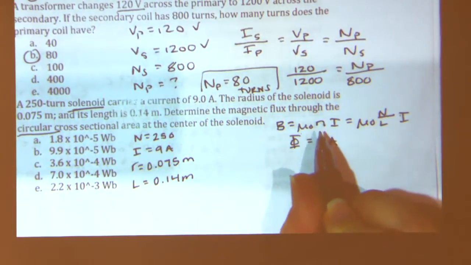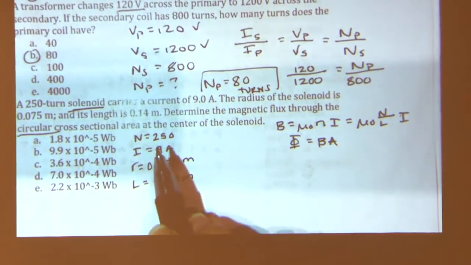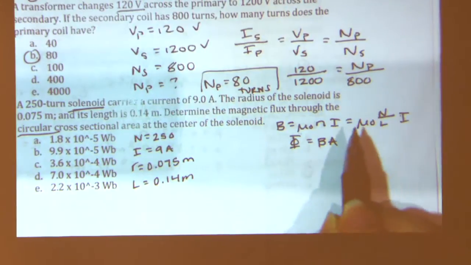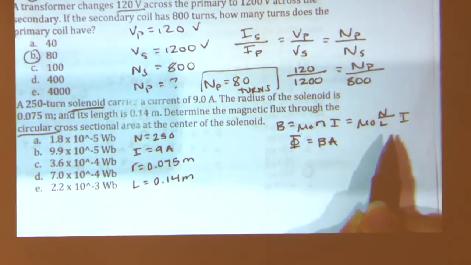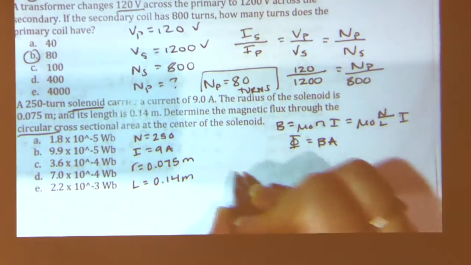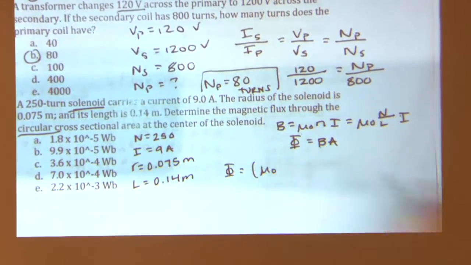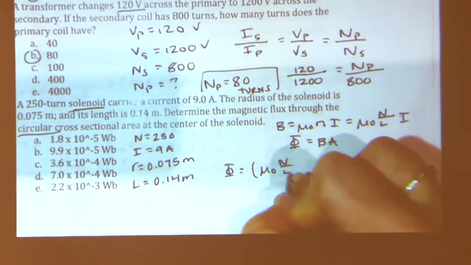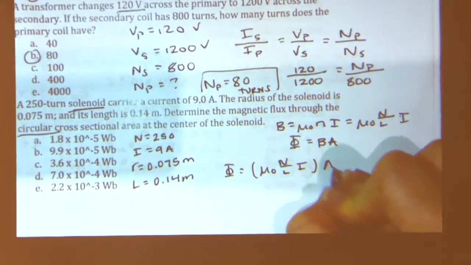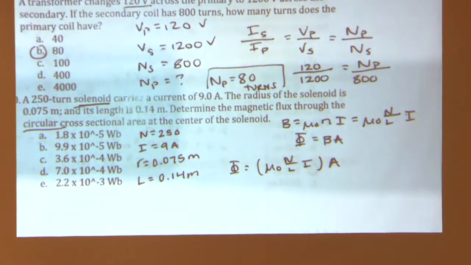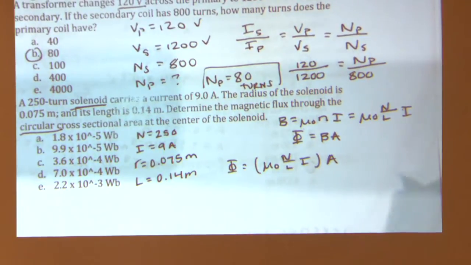So that will be plugged in for our mu naught. We don't have little n, but we do have our big N and our L, so we can use this equation and plug those in. So really, we can just say flux is equal to mu naught N over L I times A. Everything else we can just plug in. Just remember for the area, you can't just plug in the radius.